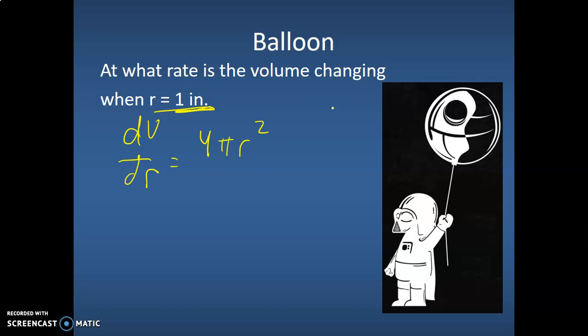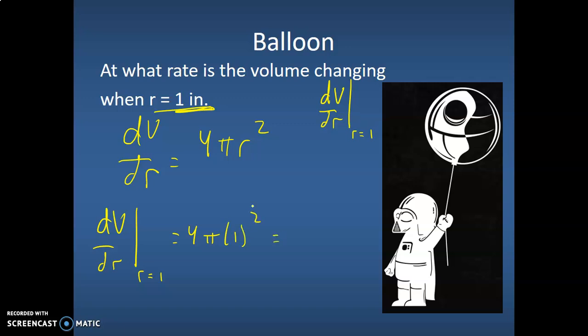The way we would denote that would be dV dr evaluated when r is equal to 1. So this is the notation. dV dr evaluated when r is equal to 1 would be 4 pi times 1 squared. 1 squared is 1 times 4 pi would be 4 pi.